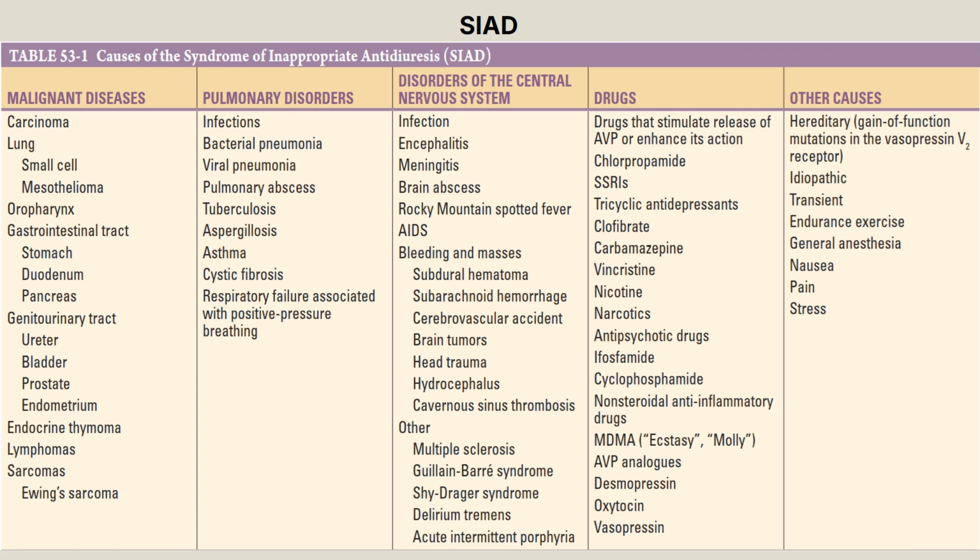All these drugs increase or stimulate release of AVP. Other AVP analogs such as desmopressin, oxytocin, and vasopressin. Other causes include hereditary gain of function mutation, idiopathic, transient, endurance exercises, general anesthesia, nausea, pain, and stress.